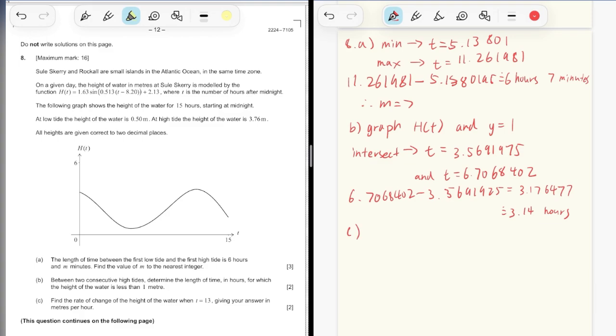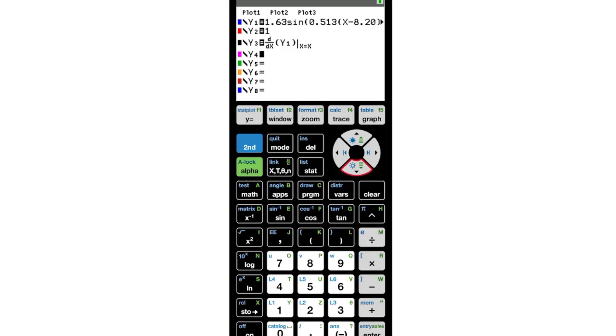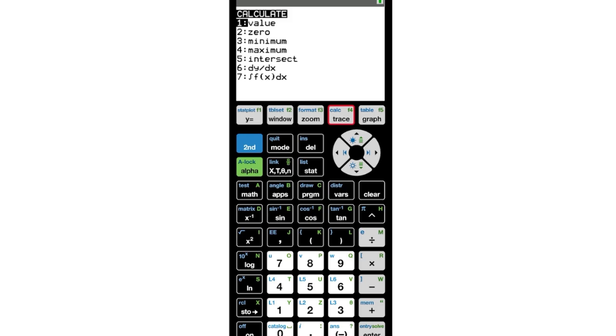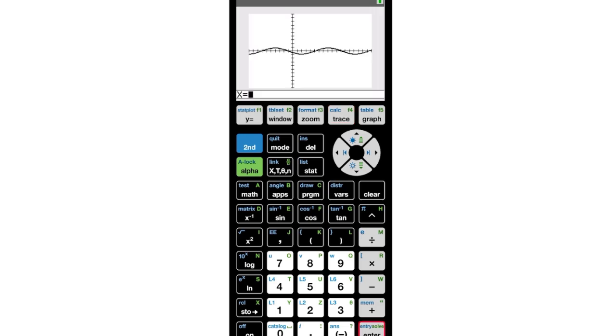Then for part C, we would add the derivative of the function. And then we would add calculate, where we put in value, and we know that it is at when t or x equals 13, and we get that it is equal to negative 0.650623.